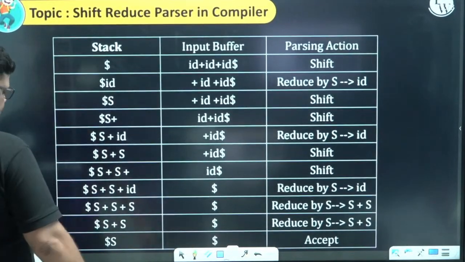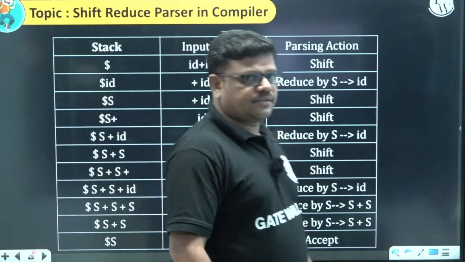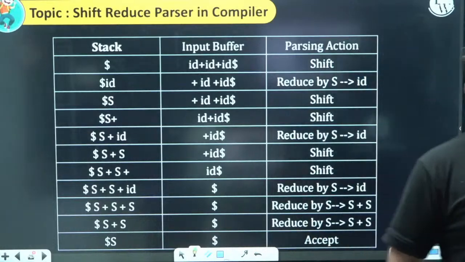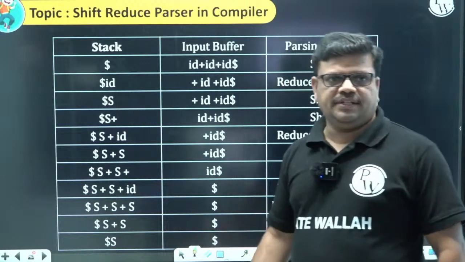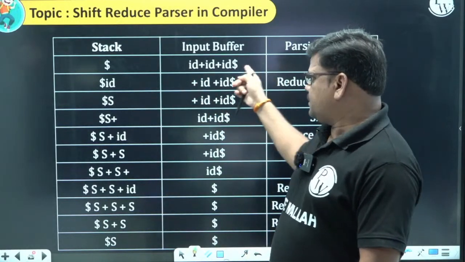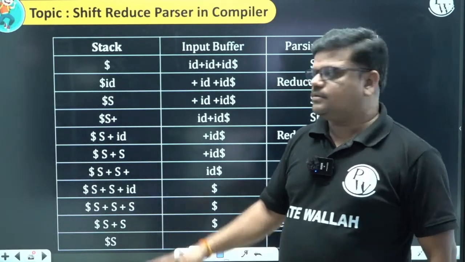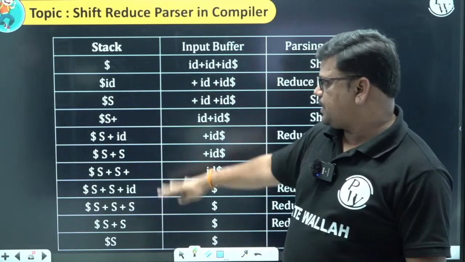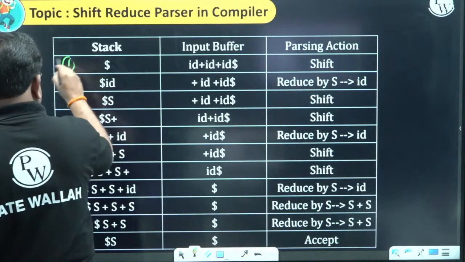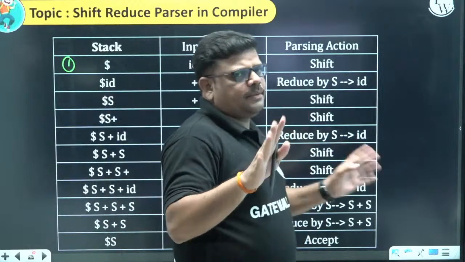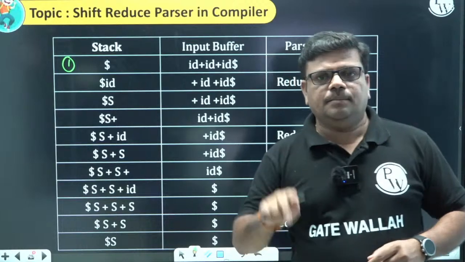Let us try to understand how a shift reduce parsing is performed. This is the input. Input is always a collection of terminals. Input never contains non-terminals, which are there in the stack. In normal shift reduce parsing, if there is no handle, perform shift action.